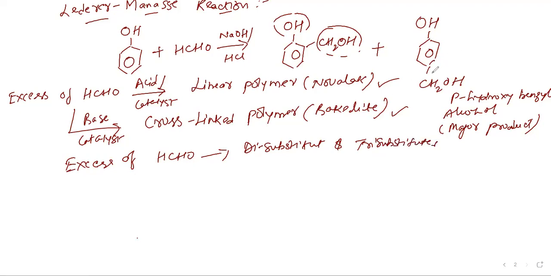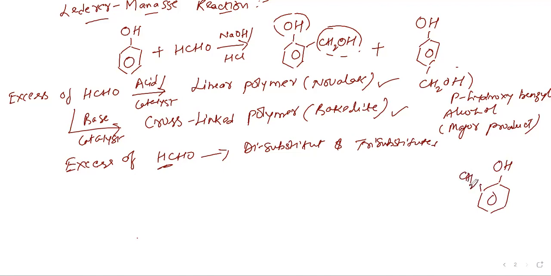Like here, you have only a mono-substituted product, only one CH2OH group. So if you take excess of formaldehyde, CH2OH groups would be introduced at both ortho positions and the para position, right?